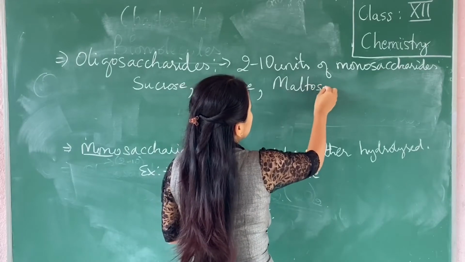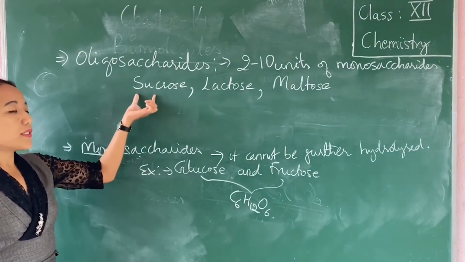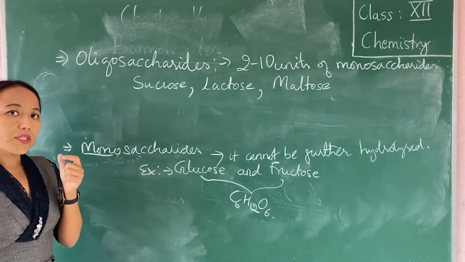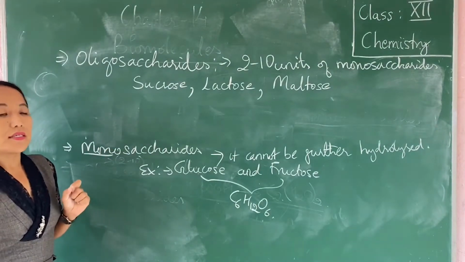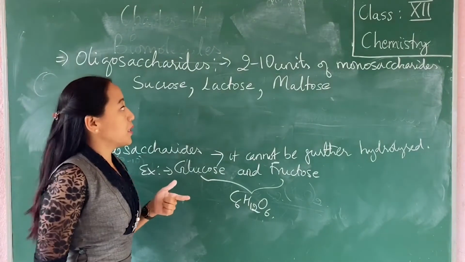These are examples of oligosaccharides. Now sucrose is made up of 2 units of monosaccharides. So on hydrolysis it gives glucose and fructose.